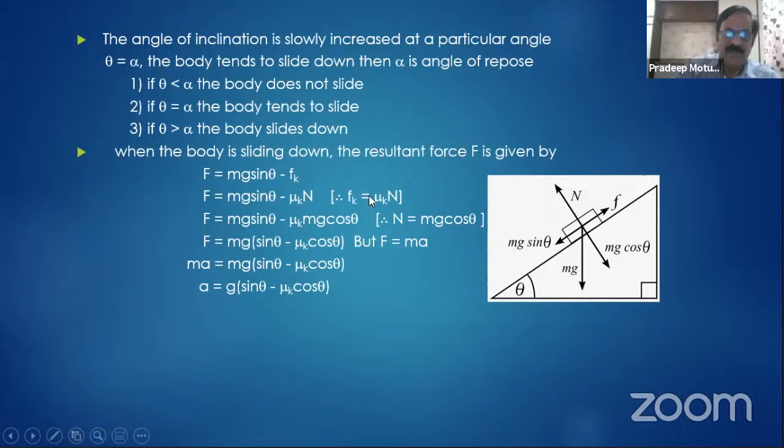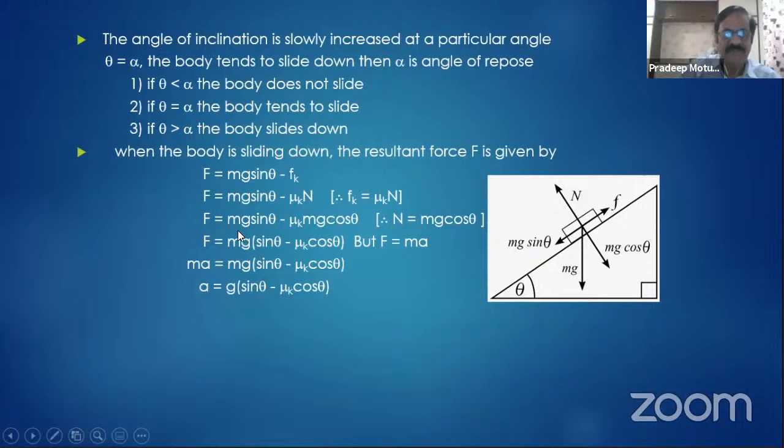But Fk is equal to what? From the friction equation, this is already known, Fk is equal to mu k into N. Substitute the value of Fk over here, then F is equal to mg sin theta minus mu k N. But you know the N value. What is N from the diagram? N is equal to mg cos theta. Substitute the value of N over here.